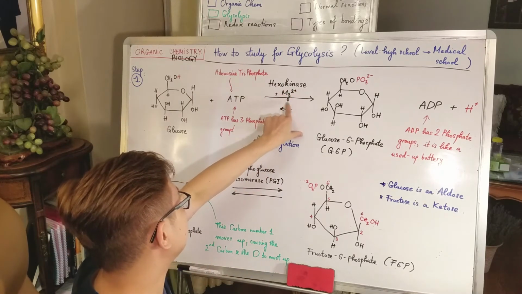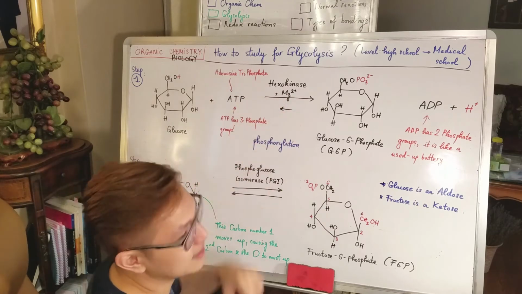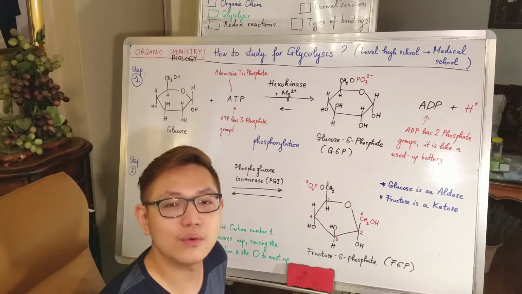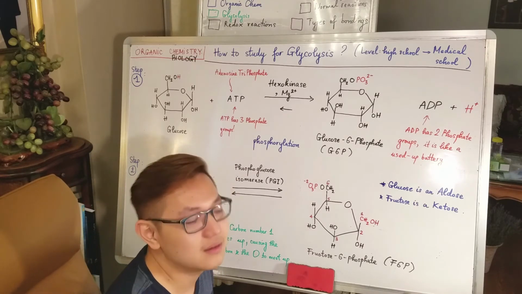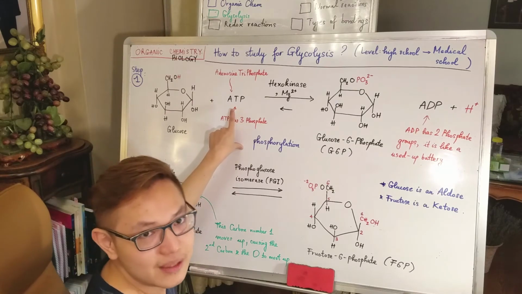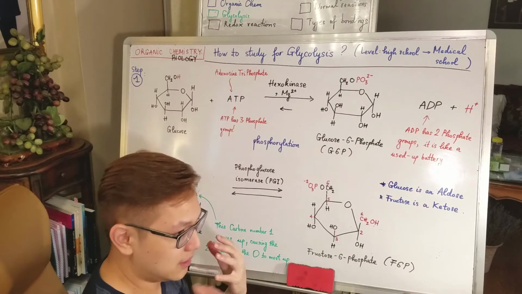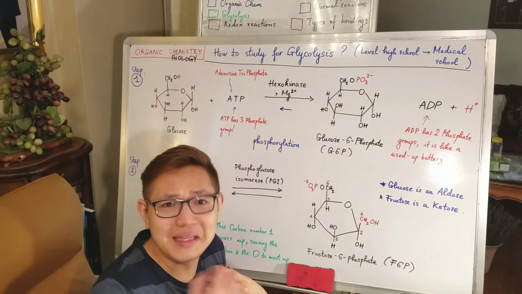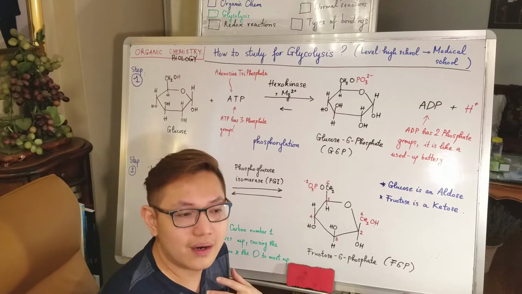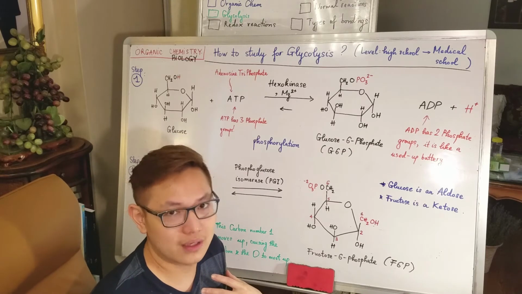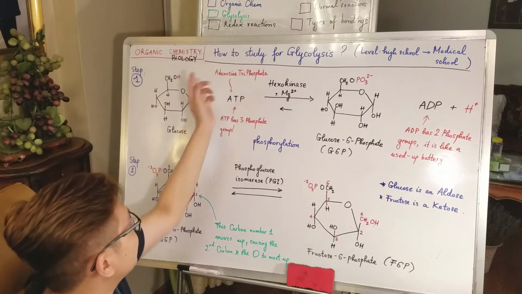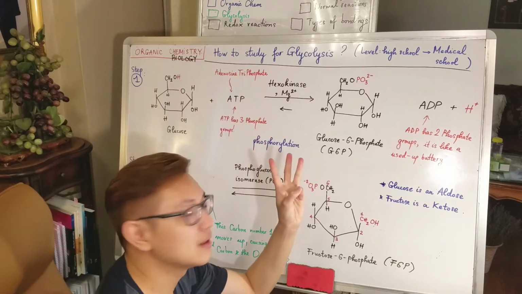And you need the environment to contain magnesium 2+ as well. So what happens here? Who will give the phosphate group? Nothing else than the ATP, which is the energy molecule of the cell. It's like we humans, we eat for energy, right? But the cells require ATP as energy to work. So the ATP, adenosine triphosphate, has 3 phosphate groups to begin with.